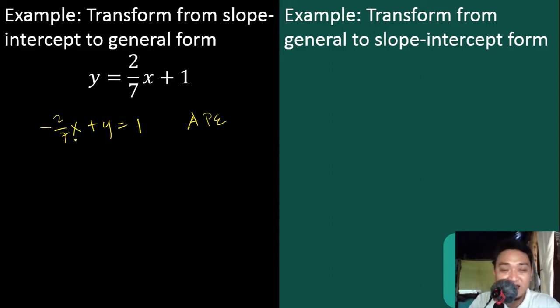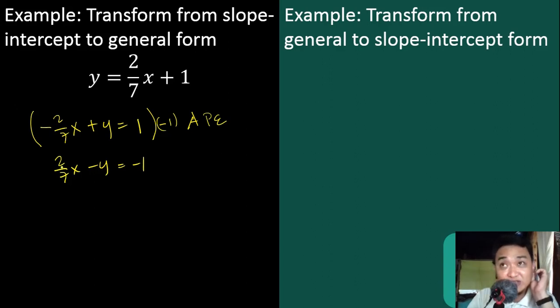Ganun lang nangyayari. So, para to avoid that, isa-isahin ko lang, unahin natin yung sign para makinis tingnan. We can multiply everything by negative 1. That will become 2 over 7x minus y is equivalent to negative 1. Now, ang problema na lang natin, yung fraction.